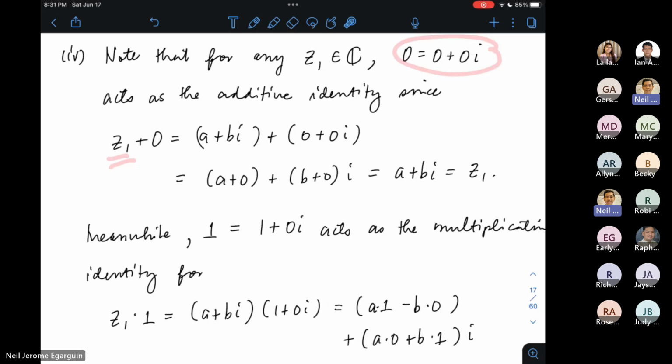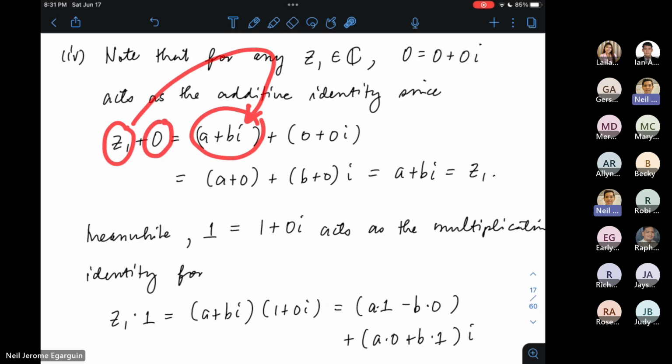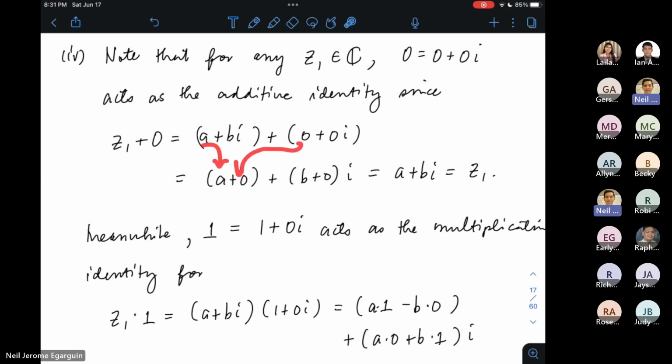Alam natin ang itsura ni Z1 ay a plus bi. Tapos ang candidate natin para sa additive identity ay 0, siya ay 0 plus 0i. And then, when we add them together, we simply add their real parts plus we'll add their imaginary parts times i. All right? Pero ano ang a plus 0?